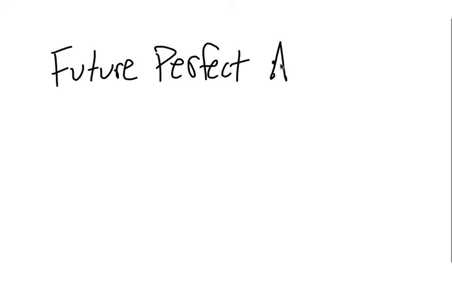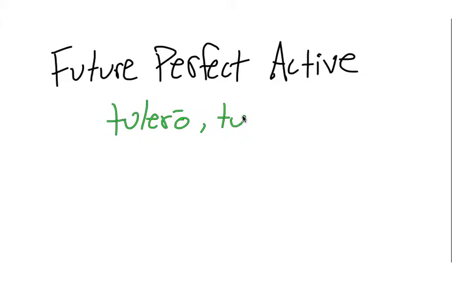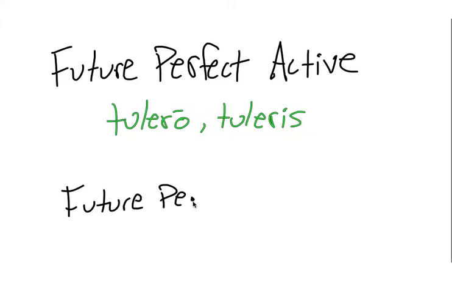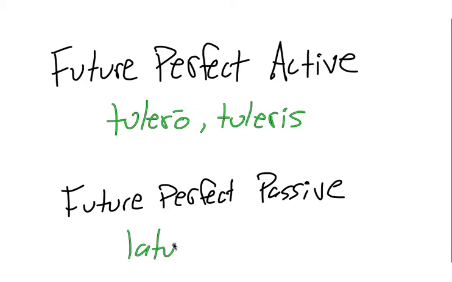And then future perfect active would be tulero, tuleris, tulerit, etc. And then future perfect passive would be latus ero, latus eris, etc.